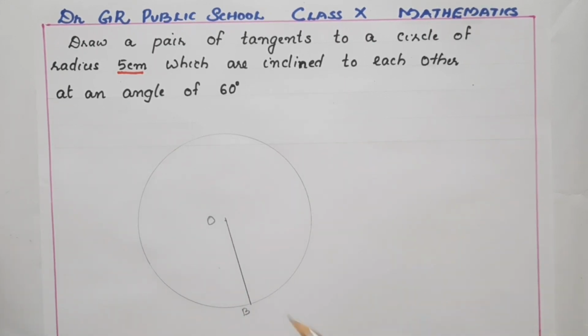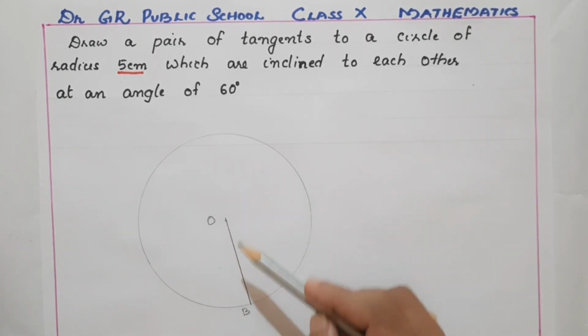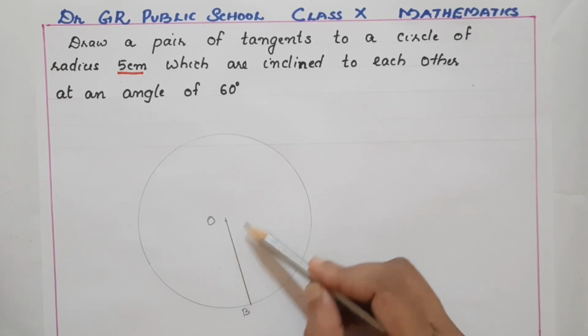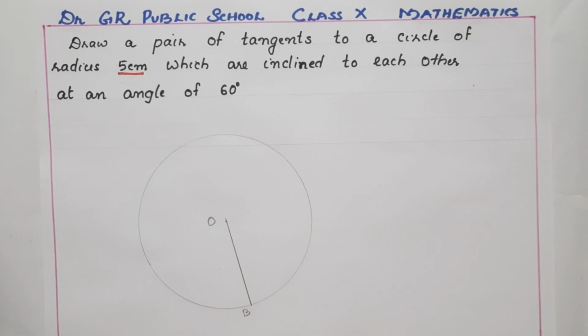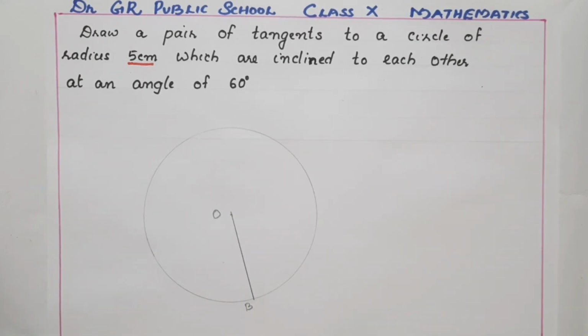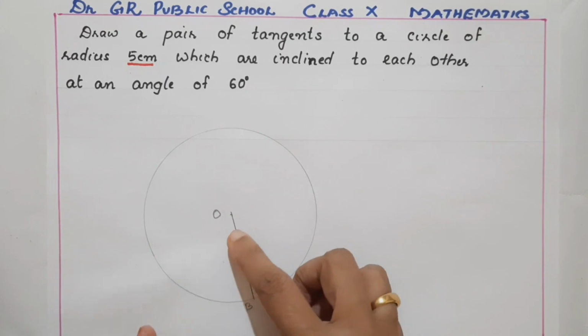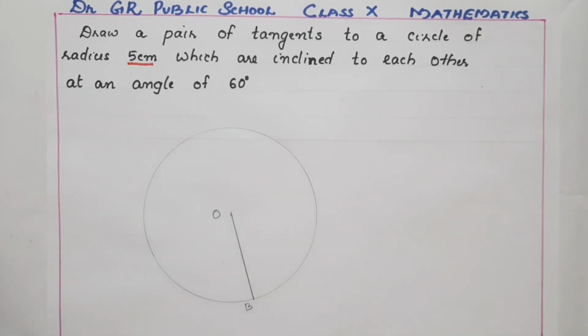Now what we need? We need another radius which makes 120 degrees with this OB. So how will you make a 120 degree angle, that you have studied in lower classes?